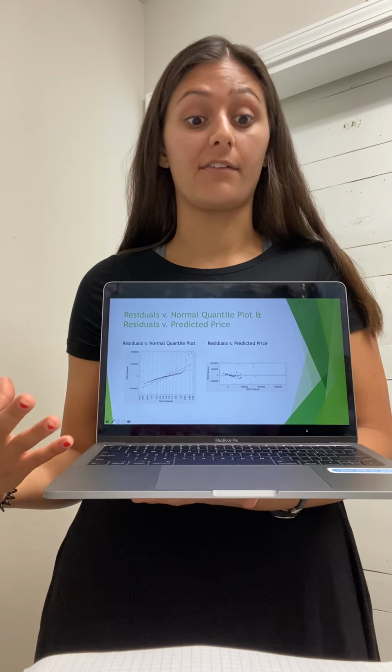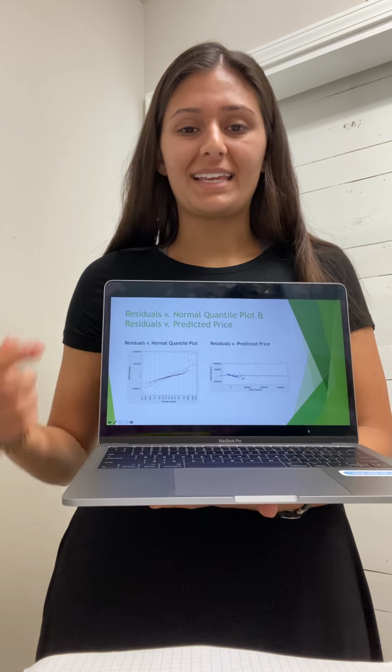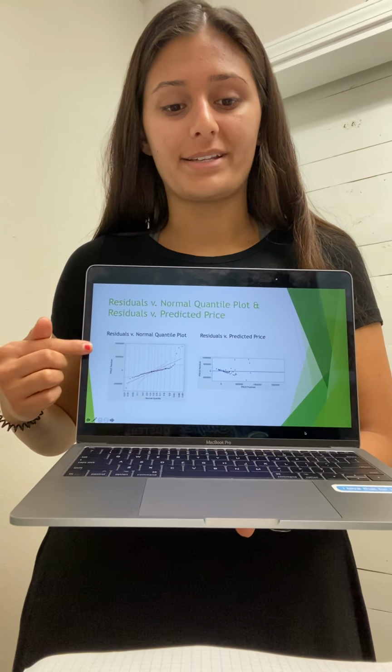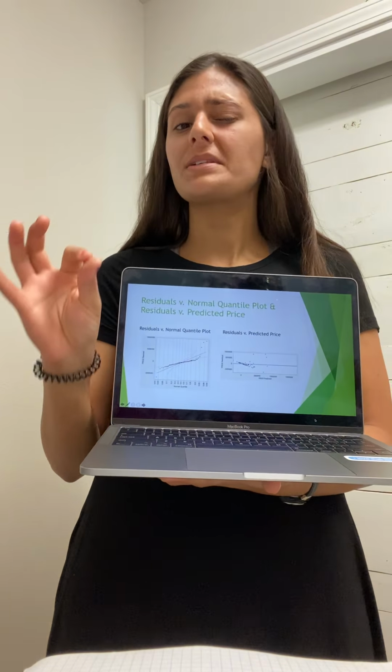Although there's not really any pattern here in the residual versus predicted plot, there's also a lack of a funnel shape, which is good. But in the normal quantile plot, for example, it shows that some of the points are in range and some are not. So it's kind of worrisome that this may not be an assumption that is met. The assumption being that all the points fall within a normal range on a histogram.